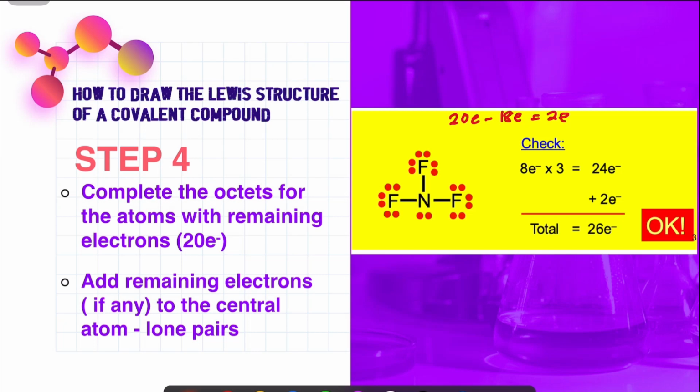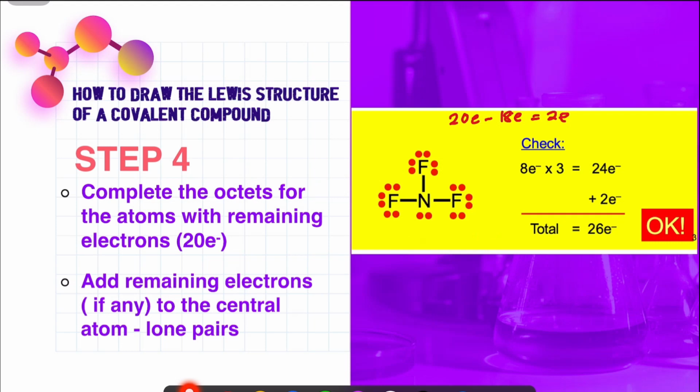And these 2 electrons you put as a lone pair on nitrogen. So nitrogen is categorized as an octet, that's why there are 2, 4, 6, 8 electrons around the nitrogen. This is the Lewis structure of NF3.